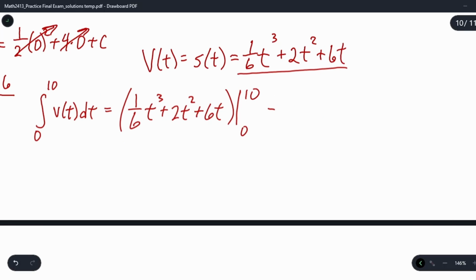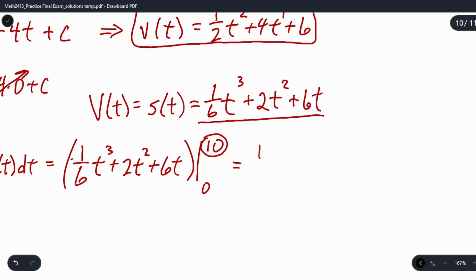Now, the nice thing about doing this evaluation is when I plug in the 0, since everybody has a t, that is just going to go to 0.